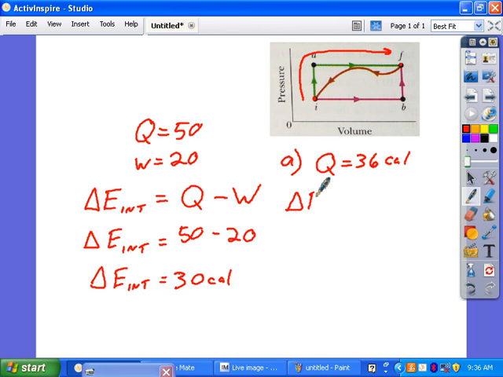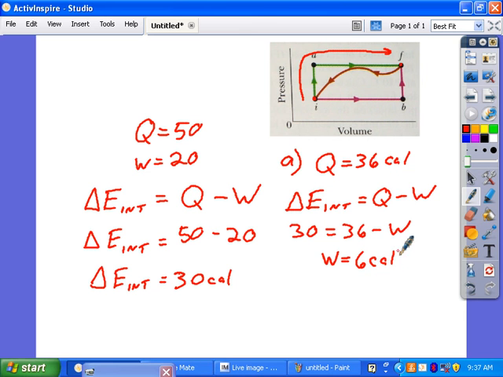So, change in internal energy equals Q minus W. So, 30 equals 36 minus W. The work done in this case is going to be 6 calories.